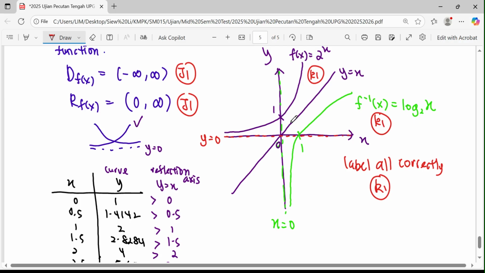The intersect here, you get 7. The asymptote here, we get 9. And lastly, we have the origin, so label 10 of it. You have 10 labels completely. You get one more mark on your graph here.